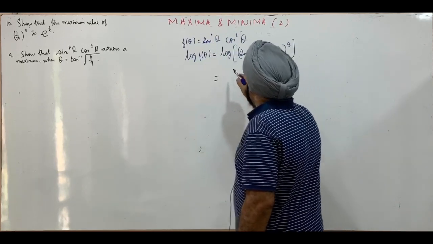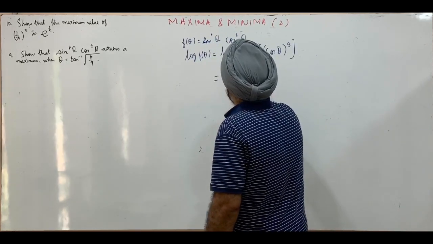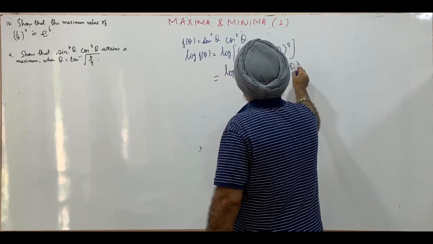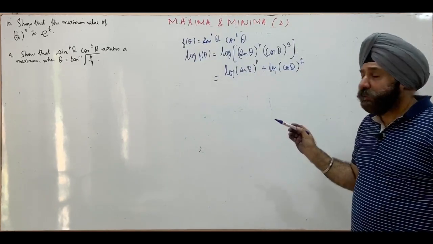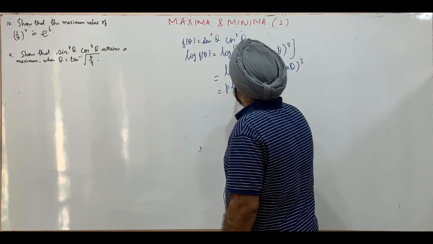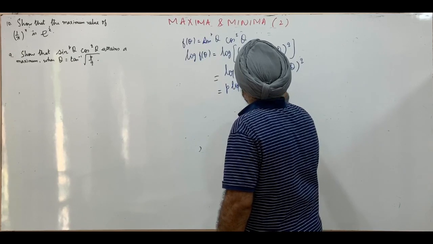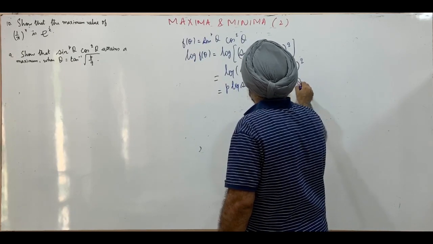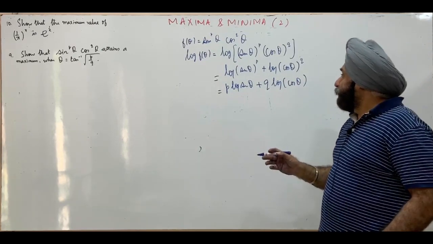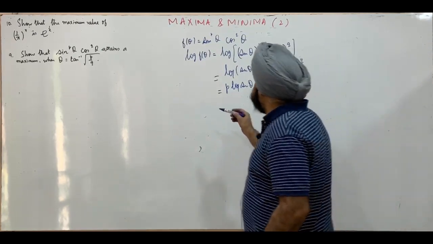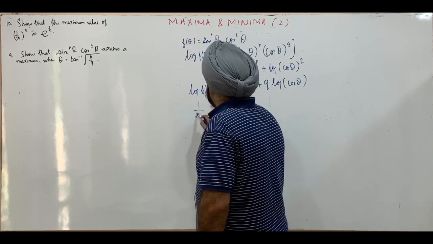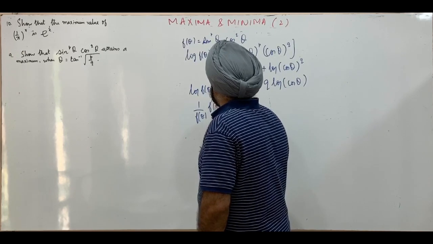Log of AB is log of A plus log of B. Log of A into B is log of A plus log of B, that's p log of sin theta plus q log of cos theta. This is log of f theta. So taking log, now we can differentiate. This is log of f theta. Now the derivative is 1 by f theta into f dash theta.